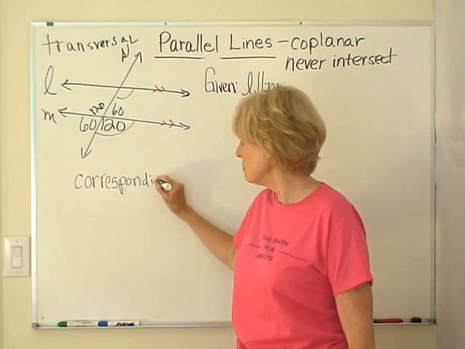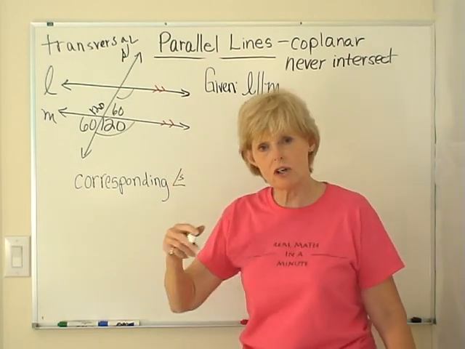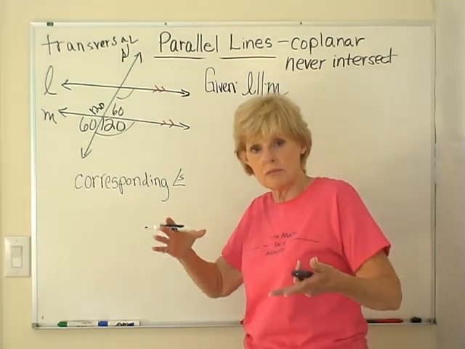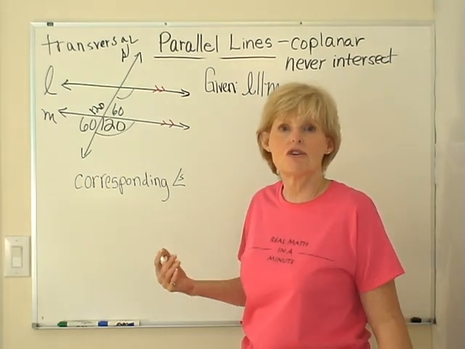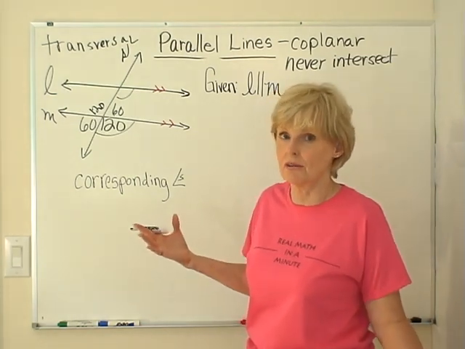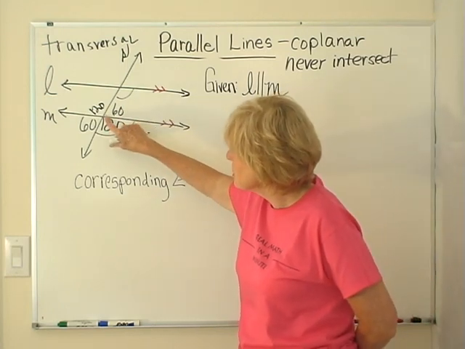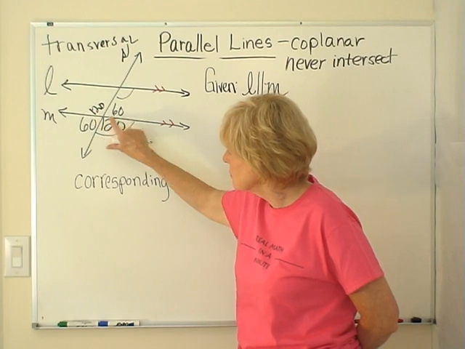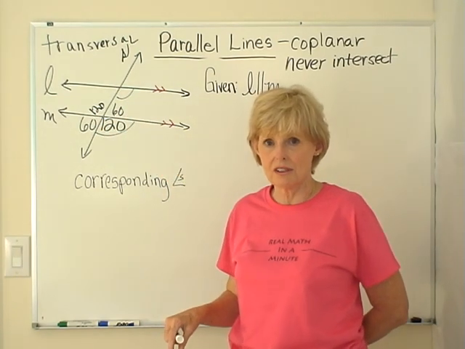We all have names, and that's their name. Corresponding angles. And they're called corresponding because they're in the same positions. Their positions match, or their positions correspond. They could call them matching angles. They call them corresponding angles. So what I mean by that is that's the bottom right of this foursome, and of this foursome, that's the bottom right.